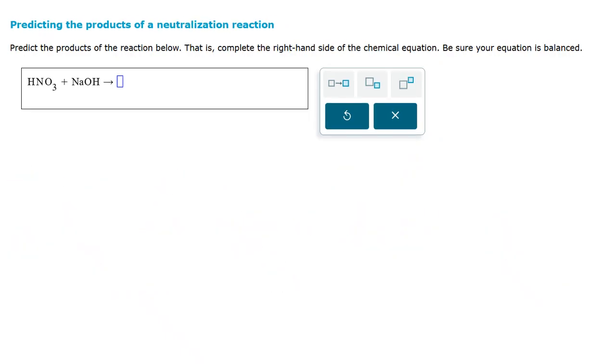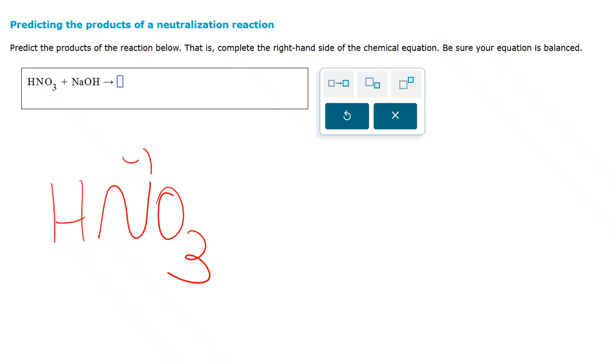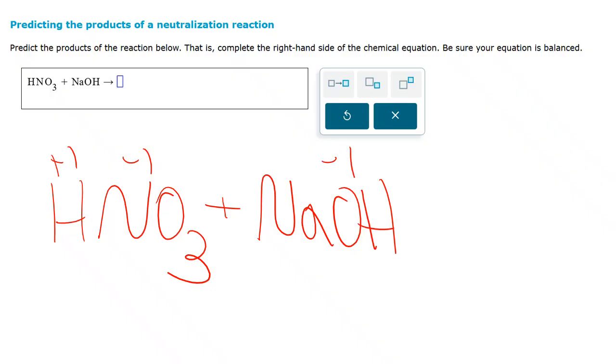This one is a little bit easier in the sense that it's already going to be balanced, but there's also a polyatomic ion involved. Nitrate, if you look at your polyatomic ion sheet, is a -1, just like hydroxide, and then sodium is in group 1.